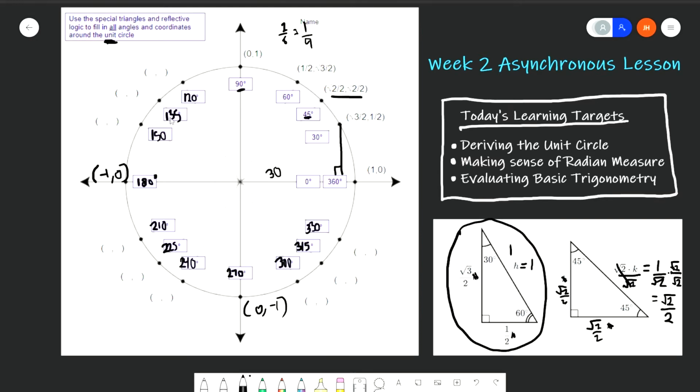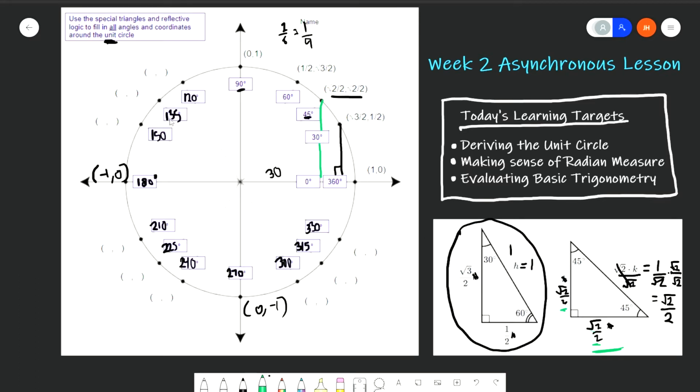First of all, I want to look at 135 here, and I want to use a new color. So I'm going to use this green. Remember, y'all, the 45 degrees right here was the 45, 45, 90 triangle like we had over here. And that triangle has side lengths of √2/2 and √2/2.